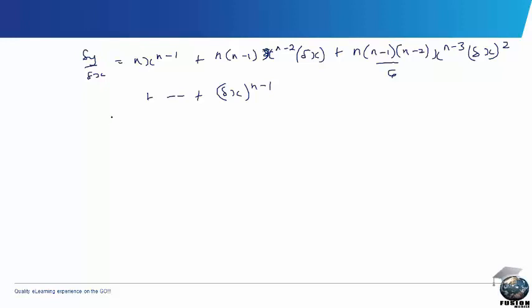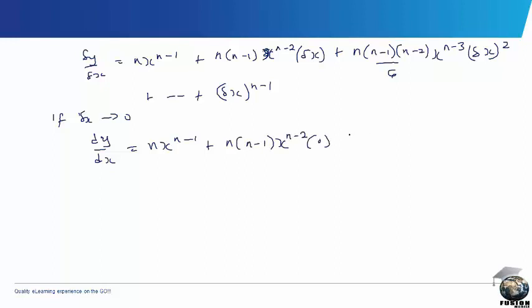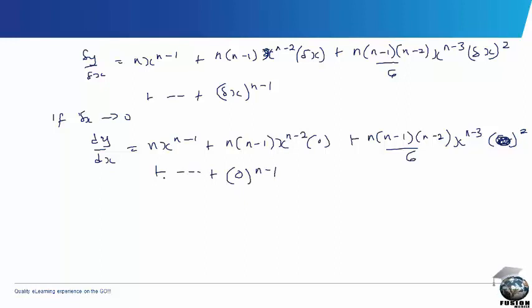And so at this point, if dx tends to 0, we have dy over dx equal to n x^(n-1) plus n minus 1 x raised to power n minus 2 times 0, plus n into n minus 1 n minus 2 all over 6 x raised to power n minus 3 times 0 squared, and then we have plus 0 raised to power n minus 1, and so this gives 0, and then 0 times the whole of this gives 0 too, and then this gives 0, so we are left that dy over dx is equal to n x^(n-1).